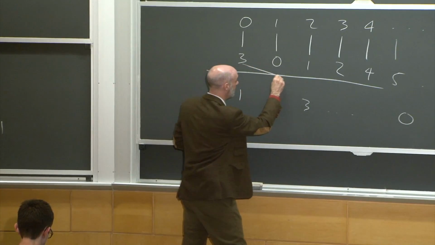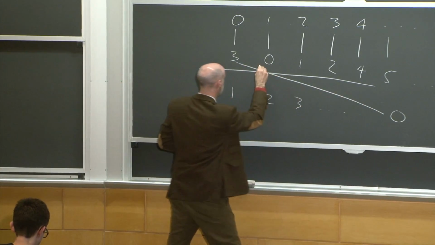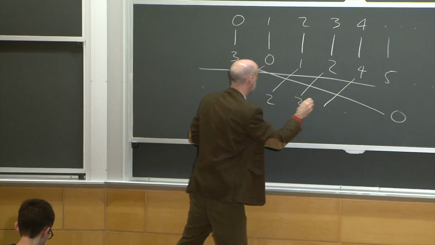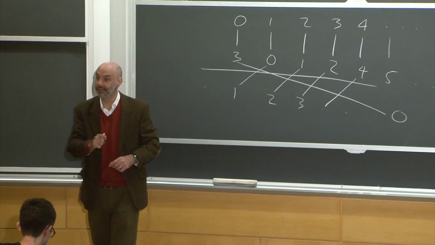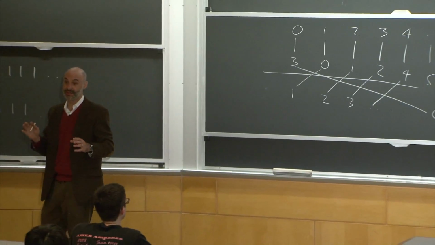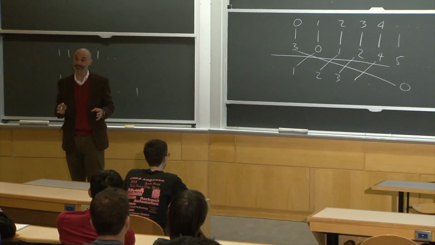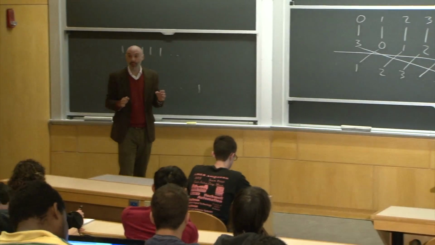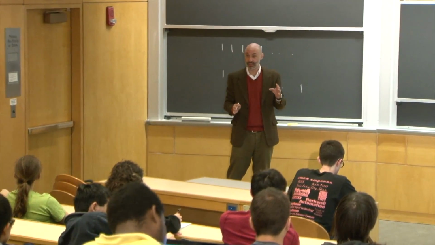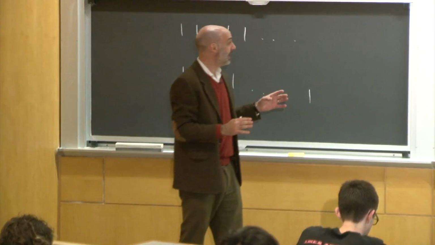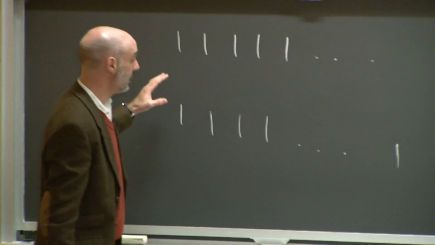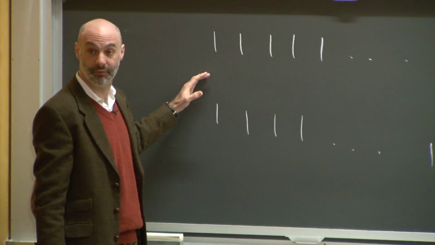You can assign 3 to 0, and then do that. And the lines cross. So those orderings are not isomorphic to one another. So the only thing that we're going to be concerned about now is not the specifics of orderings, but the order types.